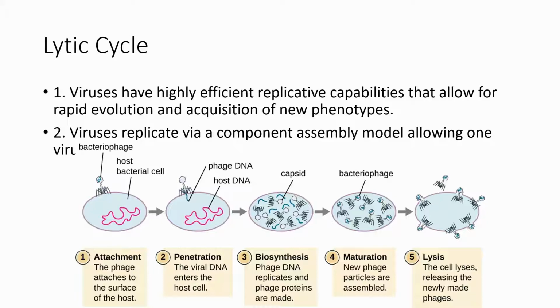So when mistakes are made copying viral DNA to stick into a mature virus, that could end up being a virus that's able to infect more cells, that's able to evade the immune system. And because of that, that virus will be able to evade the immune system, infect another cell, and produce more offspring, for lack of a better word, viruses. So it will be more reproductively successful. All right.